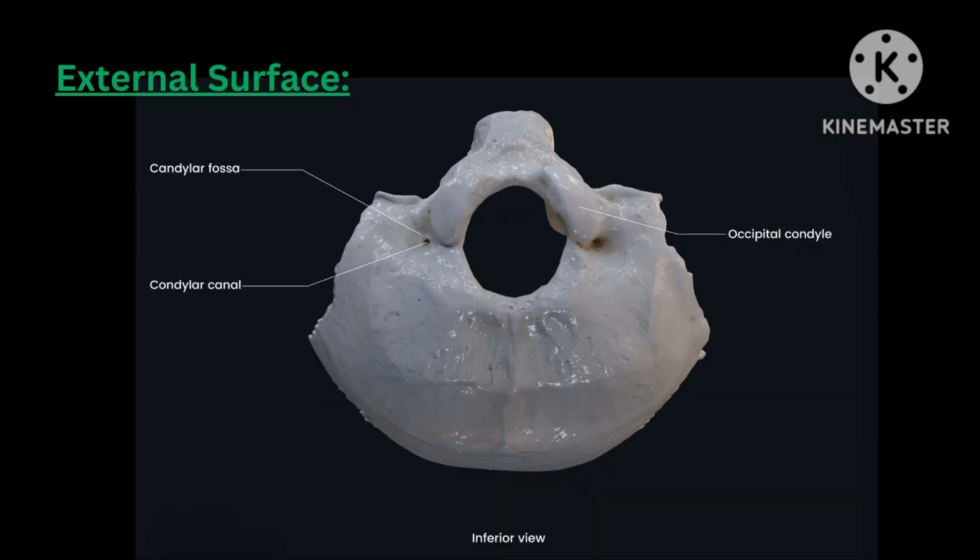The external surface of the lateral part of the occipital bone features the following structures: occipital condyle, condylar canal, hypoglossal canal. The occipital condyle is a process on the occipital bone for articulation with the first cervical vertebra, the atlas, C1. Posterior to the occipital condyle is the condylar canal.